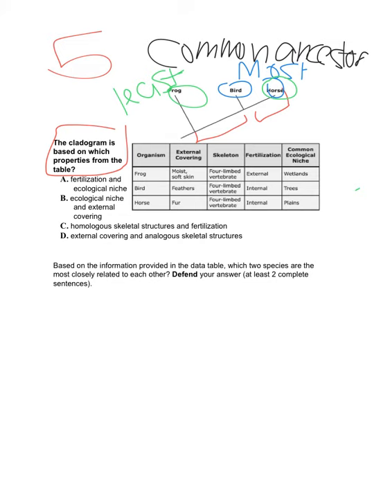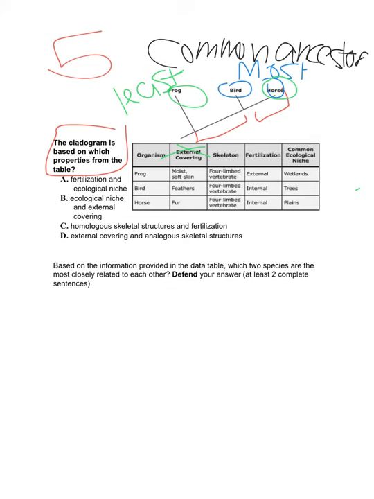So let's start with the external covering. We have moist, soft skin, feathers, and fur. Can I tell you anything about that these organisms are all related or how related they are? No, because all of this are different, so I can't use this to tell me about the relationships.